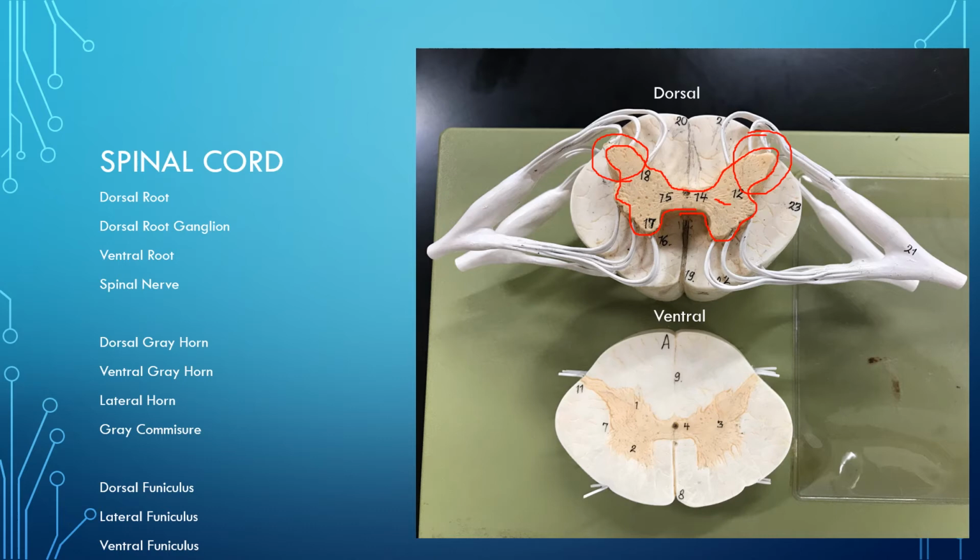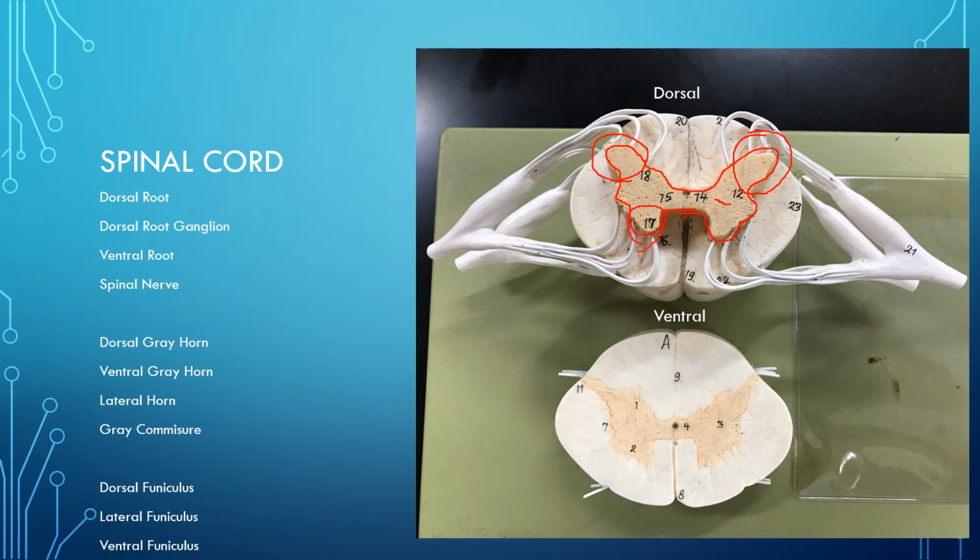These horns house parts of the somatosensory neurons that send information to the brain about sensations felt through the body. And that makes sense, right? Because we had sensory neurons that are coming into the spinal cord on the dorsal aspect. Makes total sense. Opposite of that, we have the ventral horns down here.